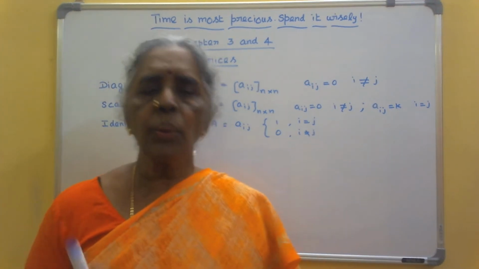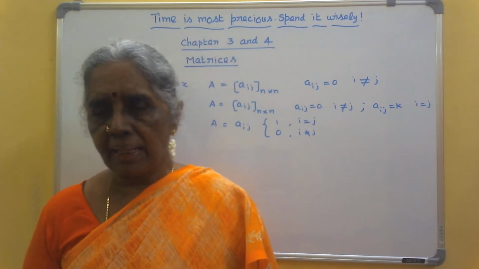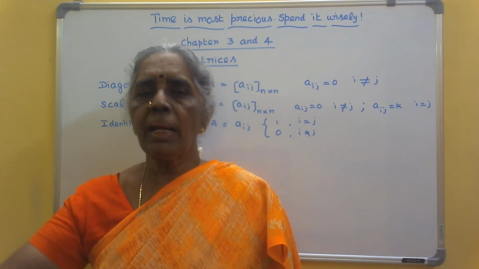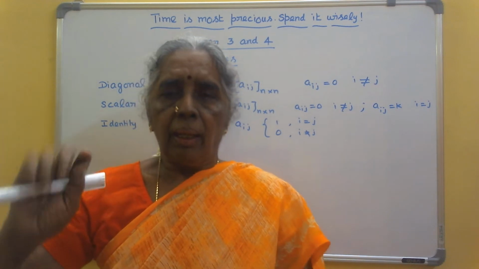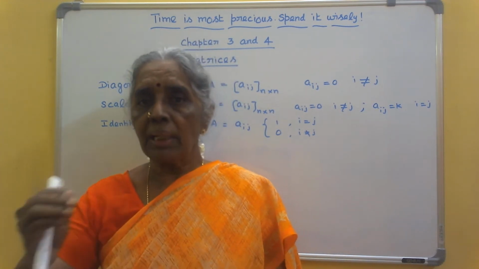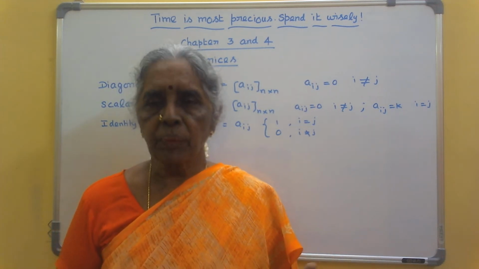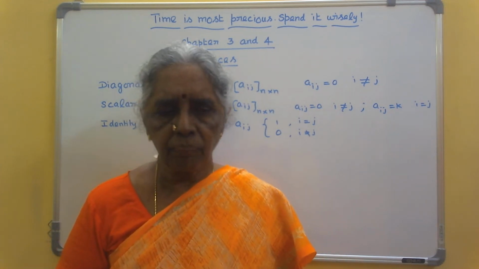You should also know about the row matrix and column matrix. A row matrix is one in which you have only one row. A column matrix is one in which you have only one column. Then there is something called the orthogonal matrix, which we will come to later when I teach you transpose. At that time I will tell you. So the types of matrices are important.